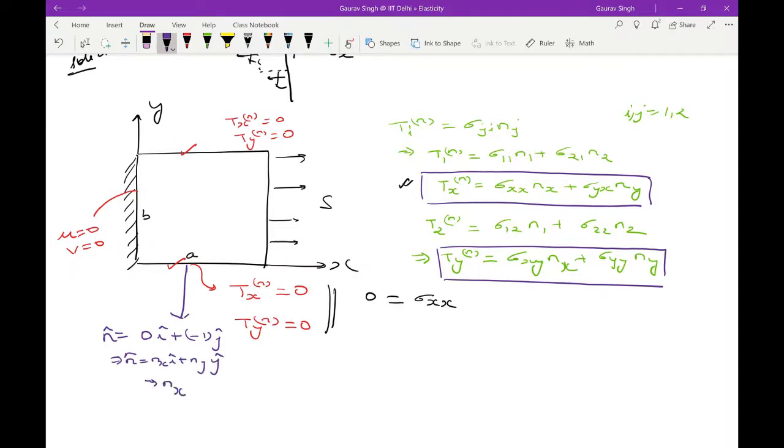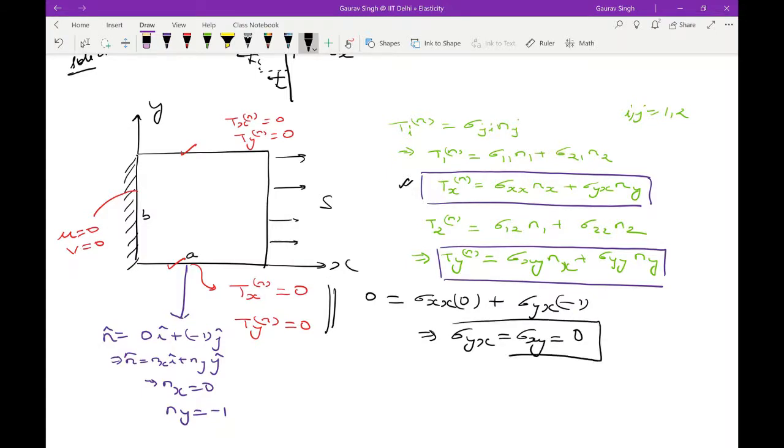This implies nx is equal to 0 and ny is equal to minus 1. So nx now will be 0, plus sigma yx and ny will be minus 1. This implies that sigma yx, or sigma xy, because stress is symmetric, is 0 on this face.